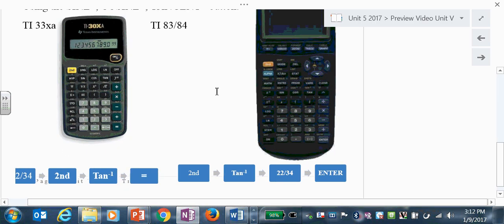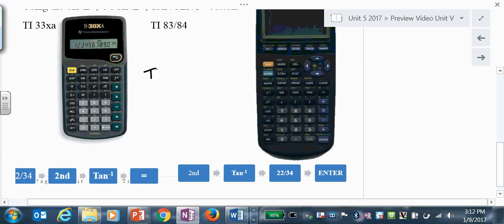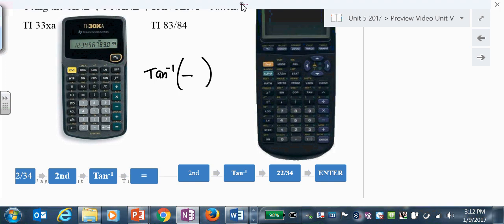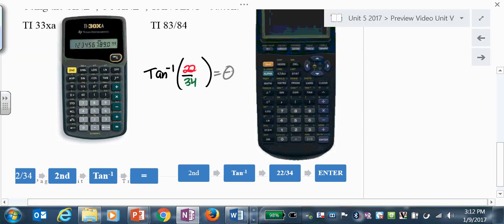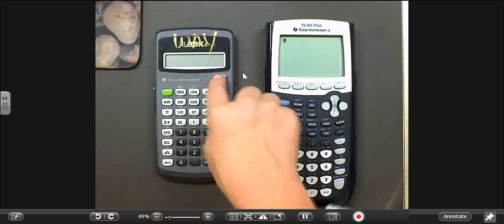Okay, so it looks like this. We have inverse tangent 22 over 34, which is going to give us our angle theta. So two ways to do this on a calculator. Make sure you're in degree mode for the big calculator.